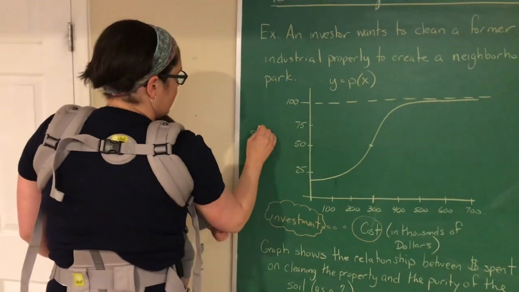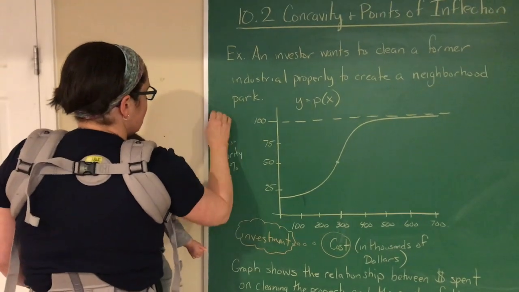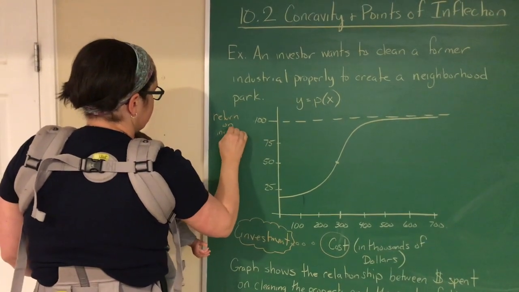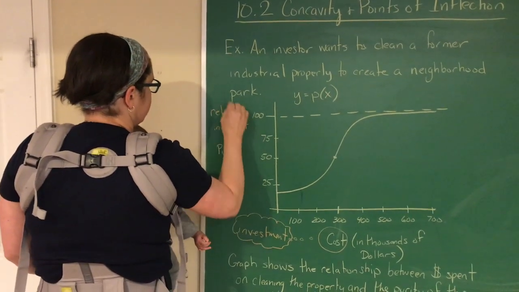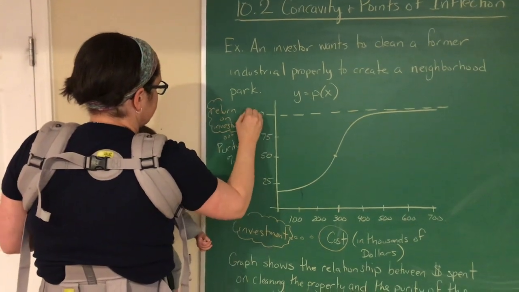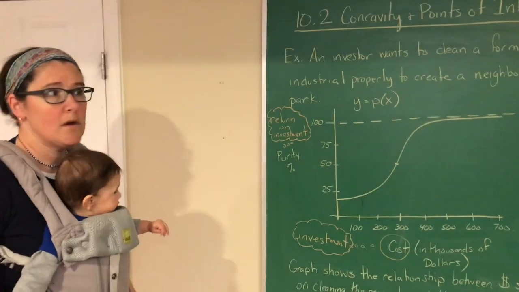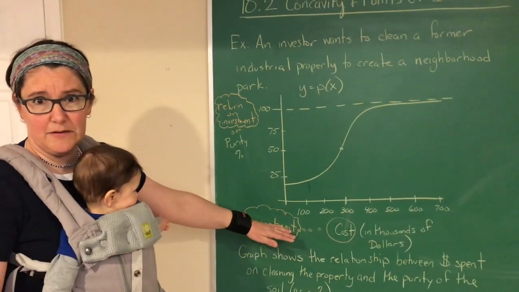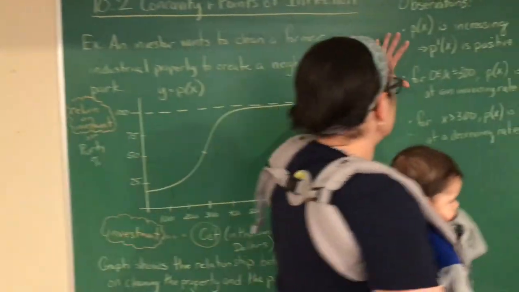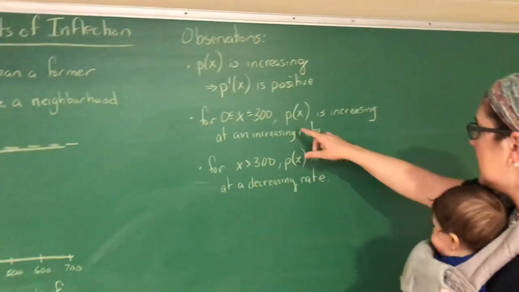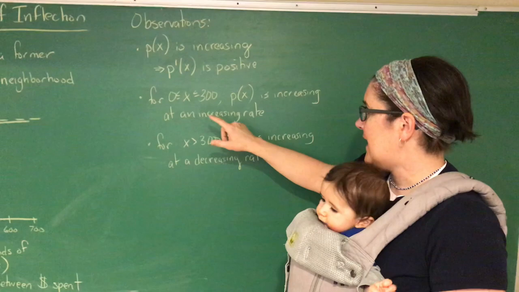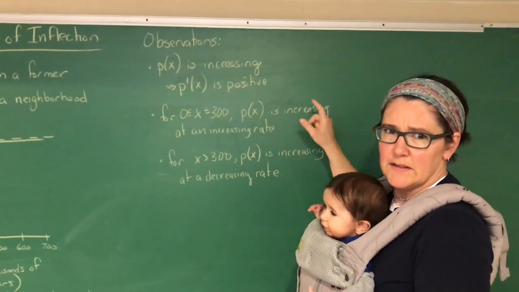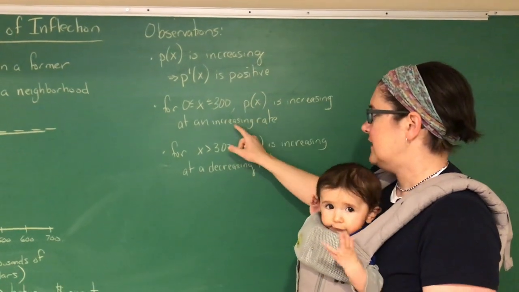We get purity, and so we can think of purity as our return on the investment. So our return on investment increases as we increase the investment. And take a look at this language over here. Our purity is increasing at an increasing rate. So our return on investment is increasing at an increasing rate.